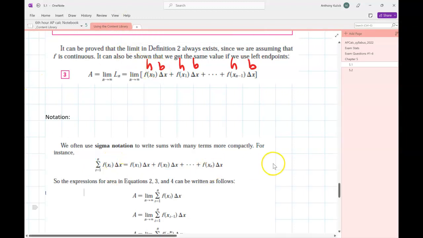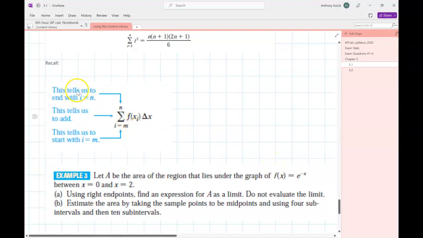So remember for summation notation, the number on top tells us the end, how to find the last term in our sum. The bottom, the m, tells us how to find the first term. And then the insides here tell us the rule that we use to calculate each of the terms.